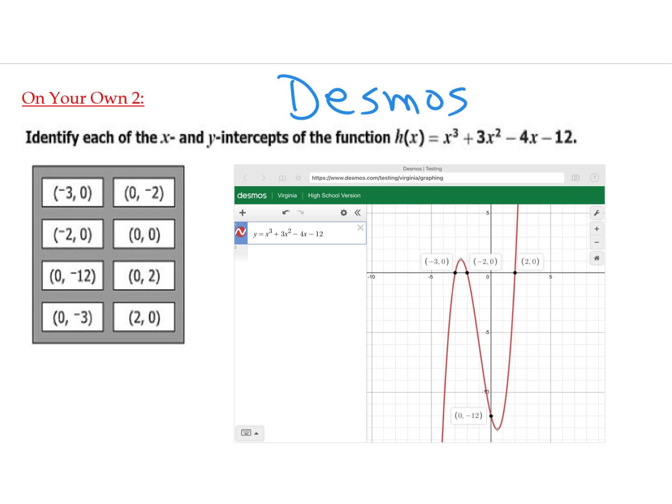So if I'm answering this question, I would circle negative 3, 0, negative 2, 0, 2, 0, and my y-intercept of 0, negative 12. Therefore, we can find those simply by typing it into Desmos.